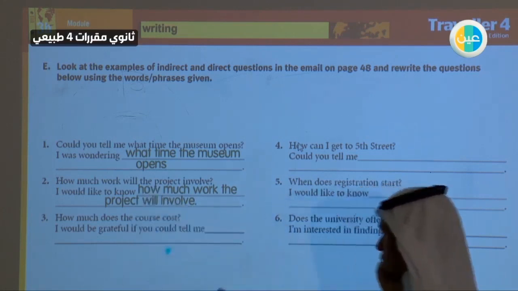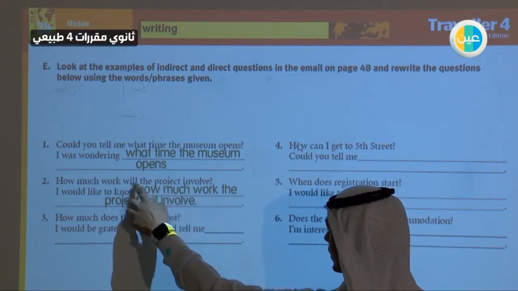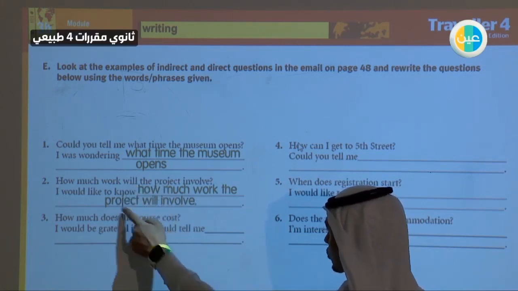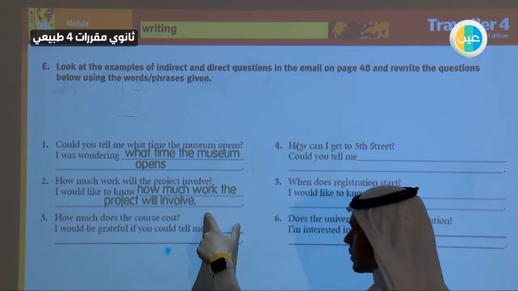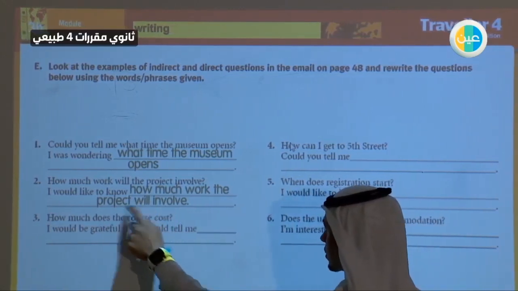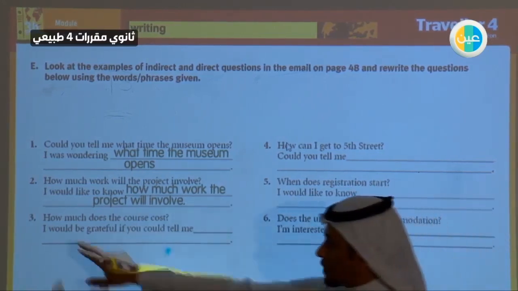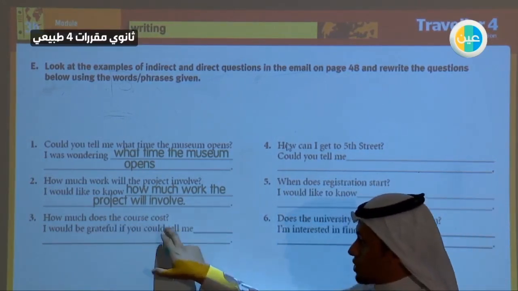In the direct question, we have will before the project, the object. But in the indirect question, we don't have the question mark, and the auxiliary verb comes after the object.